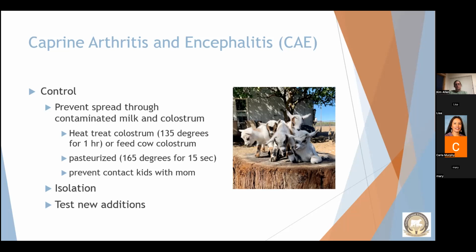That would require bottle feeding in order to not get that spread through the milk. Isolate any of those that are positive, keeping them separate from the herd, and test new additions coming into your herd, as well as routine testing within the herd.